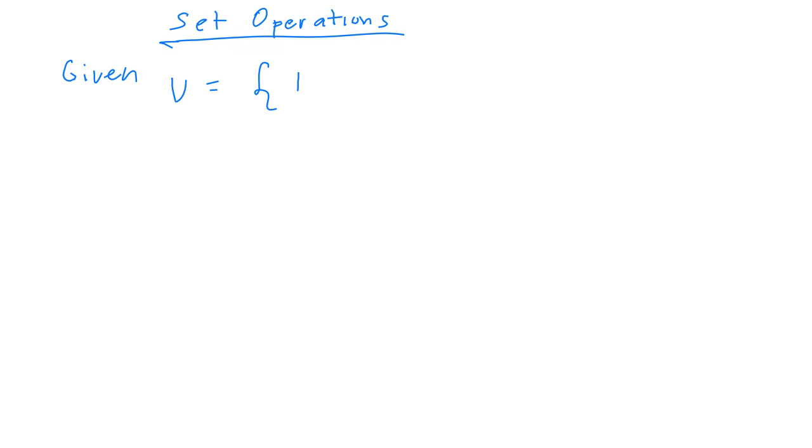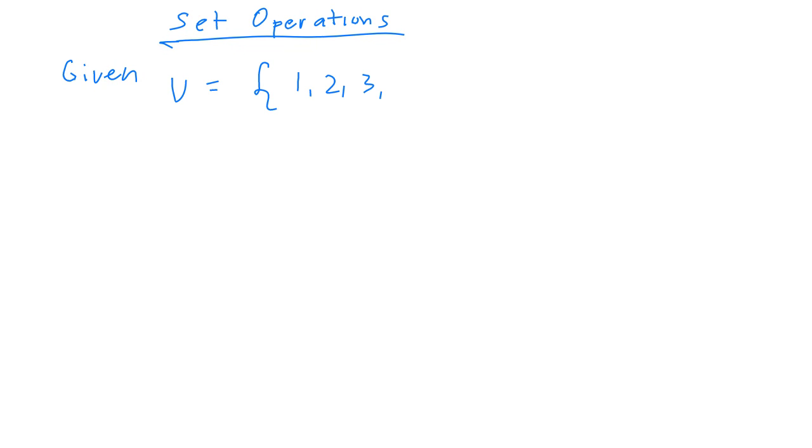So let's have an example for the set operations. Okay, so we did set operations involving the De Morgan's a while ago. Now let's have another example. So given U means universal set, and we have here 1, 2, 3.